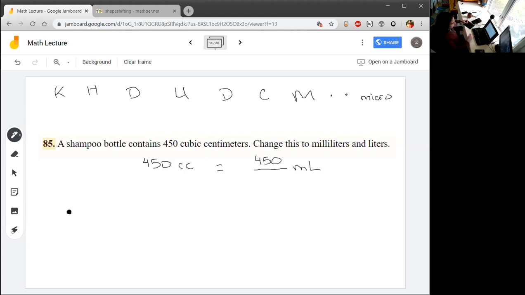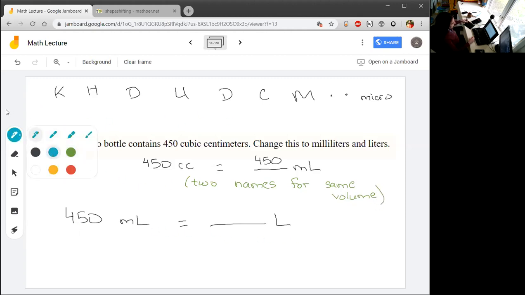But what we can really do with this one is 450 milliliters is how many liters? So for this one, where am I starting up in King Henry Land?